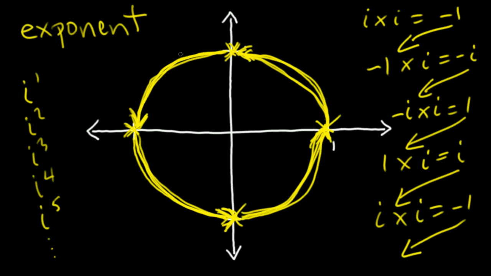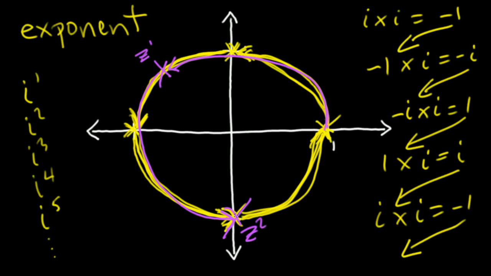Now, we can do this with other numbers. For example, let's take this one that's 3/8 of the way around the circle. Let's call that z. If this is z to the first power, its angle is 3/8 of a turn from the positive real axis. So if we multiply by z again, we go around the unit circle 3/8 of a turn to here, and that's z squared.